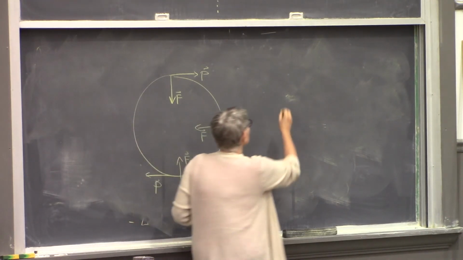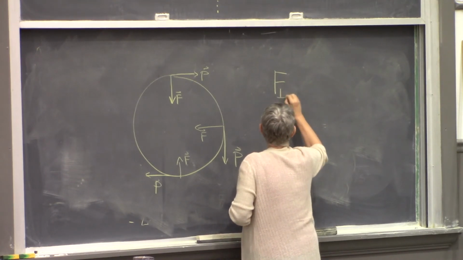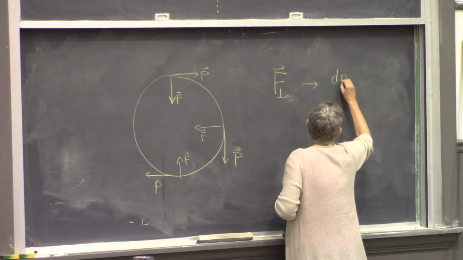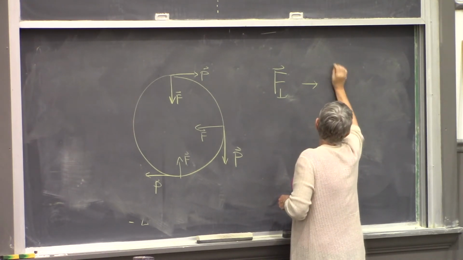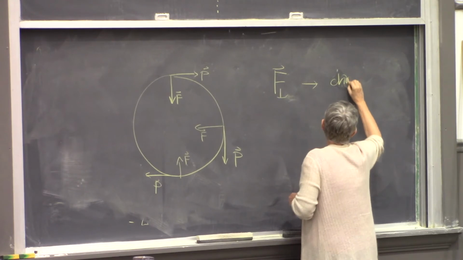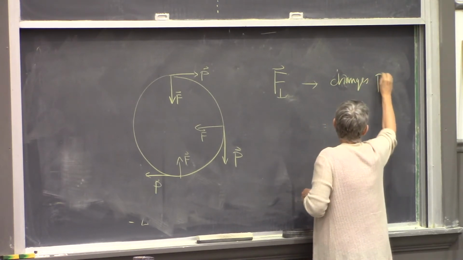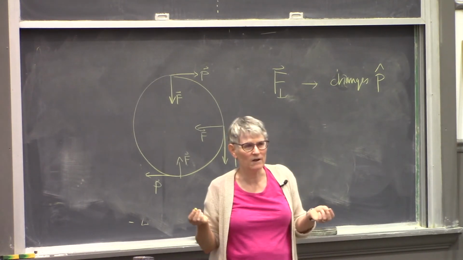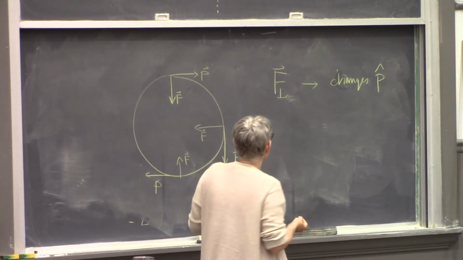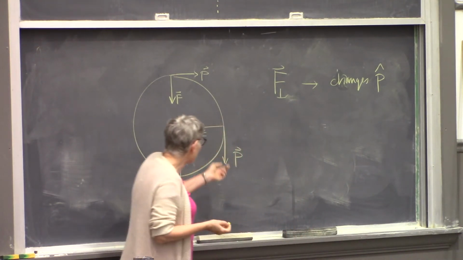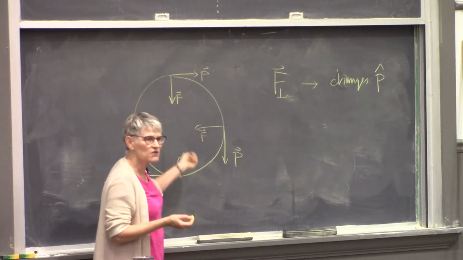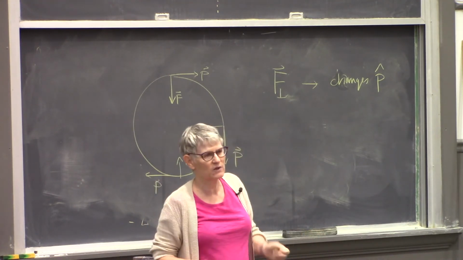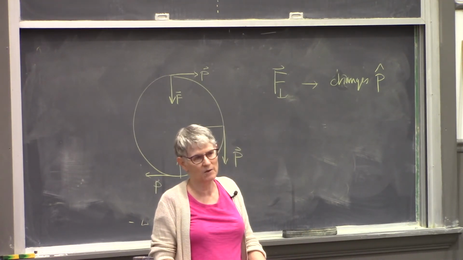So the perpendicular component of a force changes the direction of the momentum. It changes p hat, right? And if he wanted it to go faster, he'd have to apply some force in the direction of the momentum. If he wanted to go slower, part of his force would have to be opposite to the direction of the momentum.